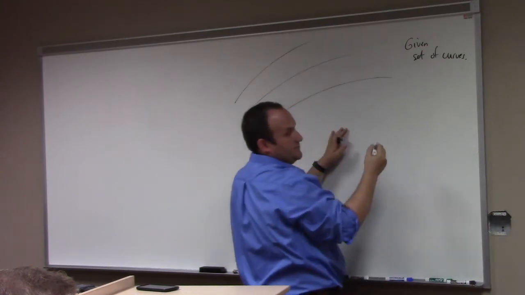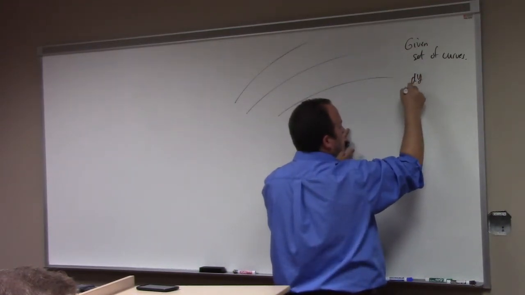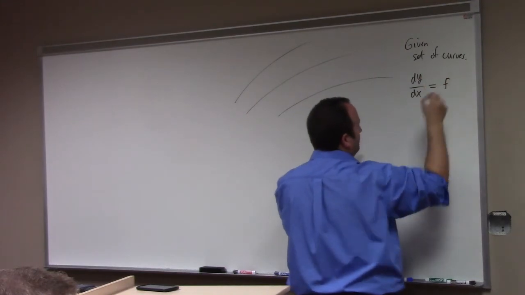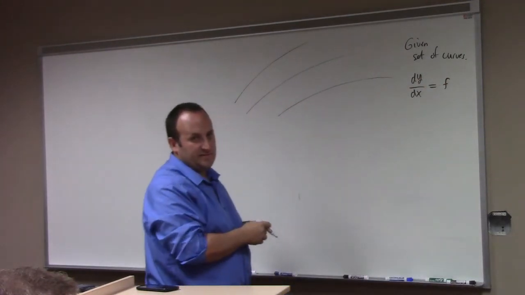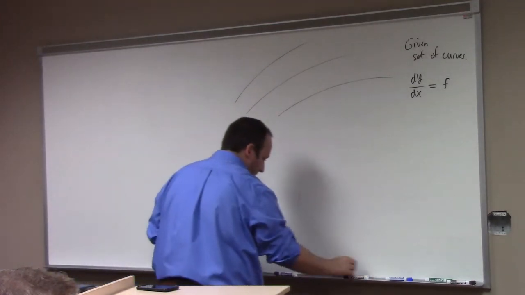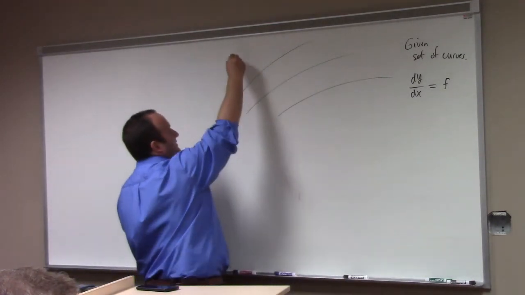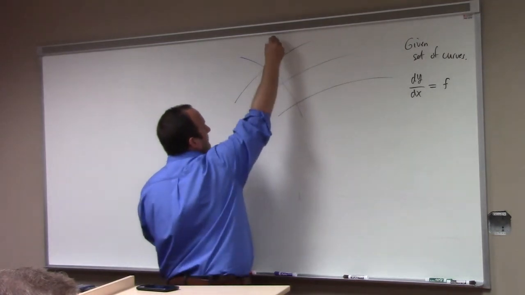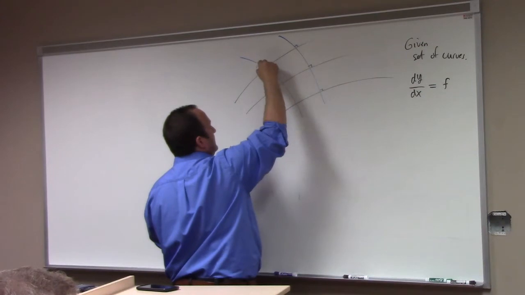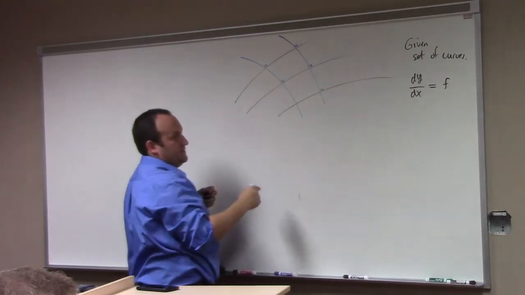All right, so these will solve, let's say, dy dx equals to, I don't know, f, for the sake of discussion, right? Then if you want to find the set of orthogonal trajectories that would look like these, I mean, I'm trying to say that they meet at right angles, right? What should these solve?